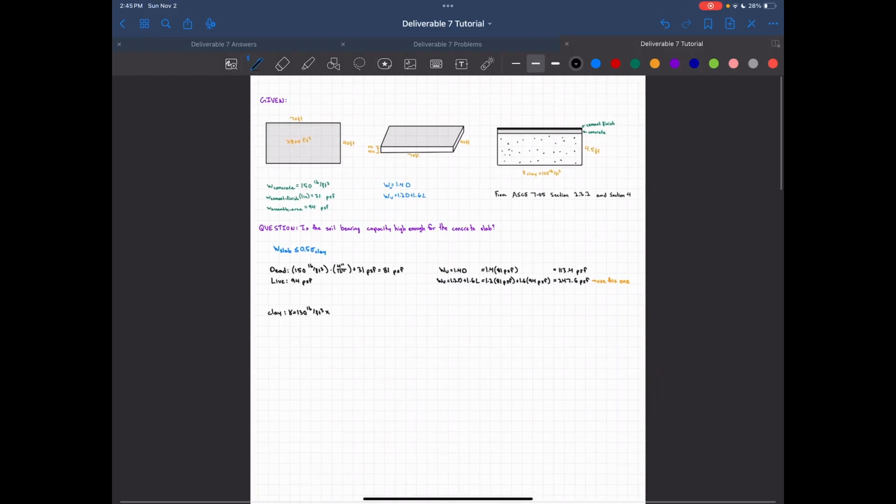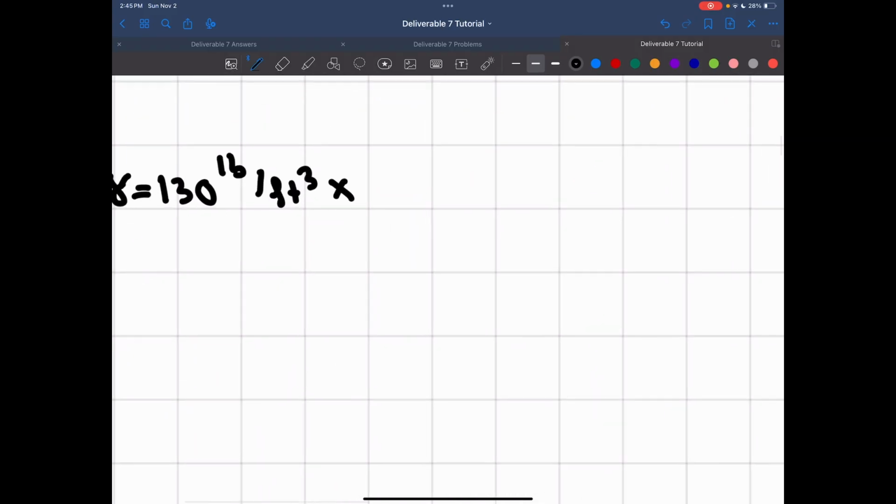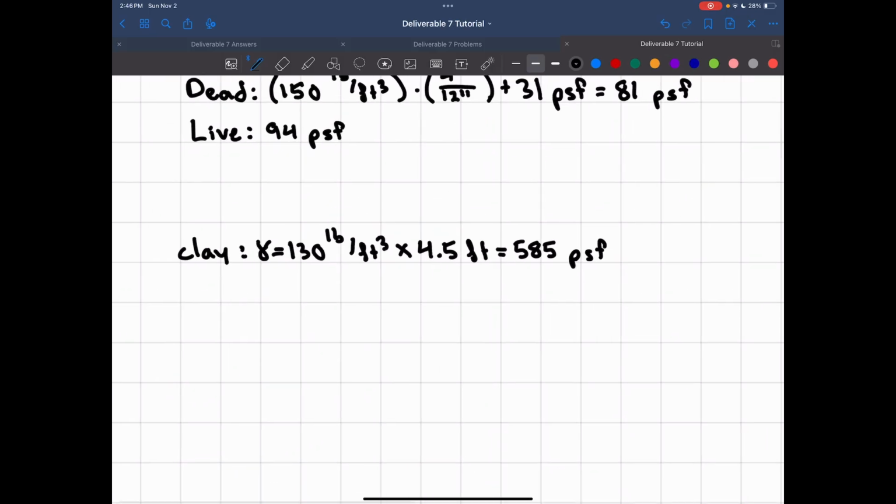For me, it goes 4.5 feet deep. For you, that will likely be 4. So again, I can get this in pounds per square foot here. Sorry, 4.5 for me. So there is our number here.